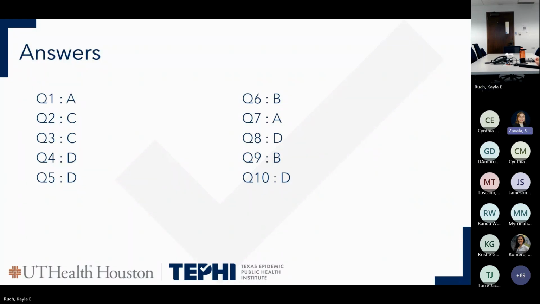And then, what would happen if the index patient had passed away on day 4? So if the index patient had passed at day 4, you would have to follow up with the mortuary that the patient was at, letting them know, hey, this patient was infected, talking to them too, because the coroner will release the body.